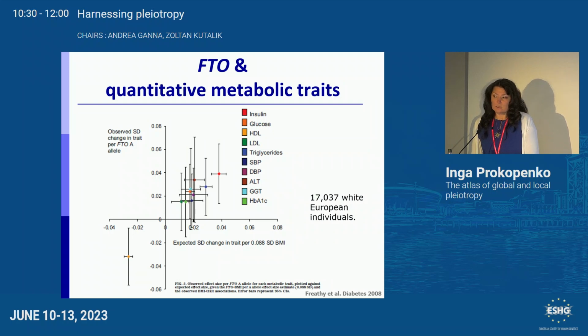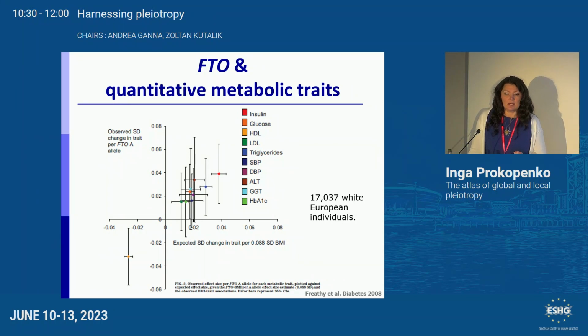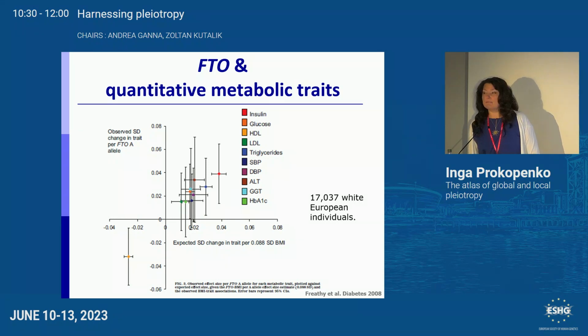Right, and going into how we started to think about these multi-phenotype effects at individual loci, we could look at the very early report in Diabetes in 2008 by Frayling et al. about the effects of FTO on a variety of quantitative metabolic traits, right? So you can pretty much draw a diagonal line of the effects and associations, right?